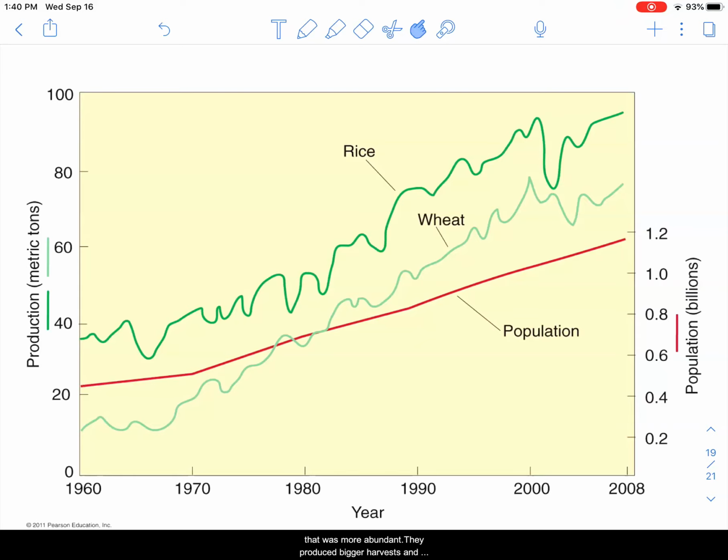It produced bigger harvests and more food per square meter. As a result, the supplies went up faster than the population. So you could see through the late stages of the 20th century, India became much better off. They had way more supplies than the population needed. So supplies can be increased.